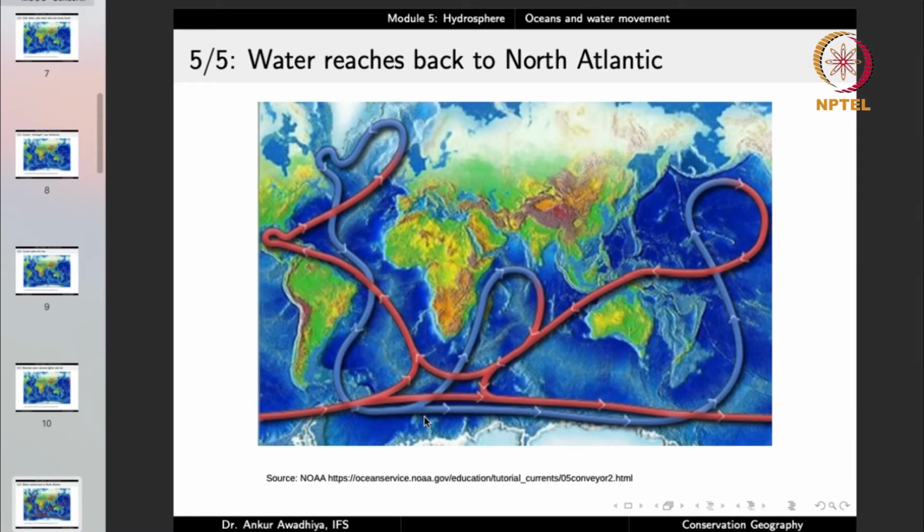Now what is this current actually doing? As you can observe, in the colder areas this current is carrying cold, salty, dense water towards the equatorial regions. So it is taking cold water from cold areas and moving it towards the equator. And near the tropics, it gets warmed.